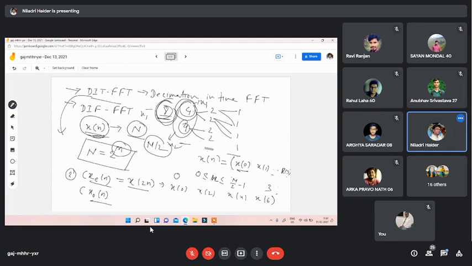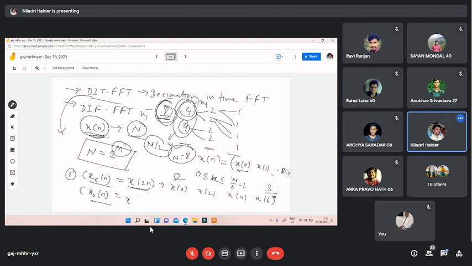Check it and answer. Yes, sir. Initially the size was 8, so capital N was 8. Now if we put 8 here, 8 by 2 is 4, minus 1 is 3, so n varies 0 to 3 whenever we are splitting. So xen will be x of 2n, where n varies from 0 to N by 2 minus 1.